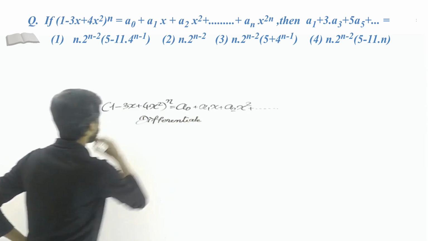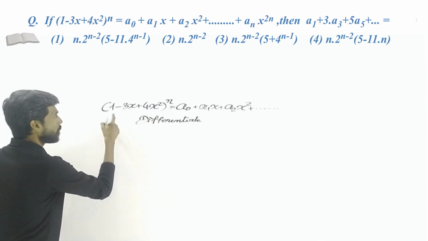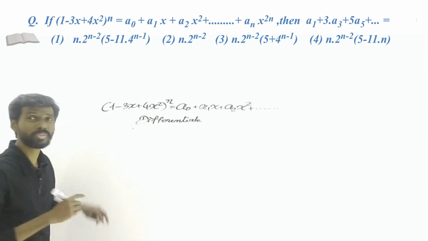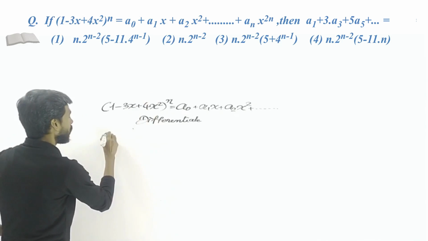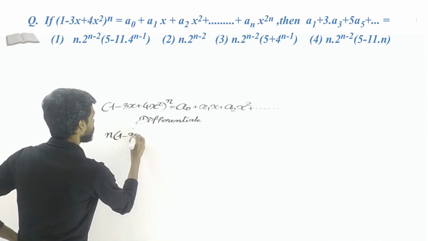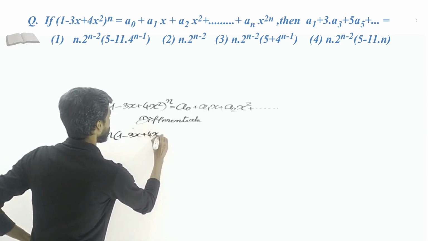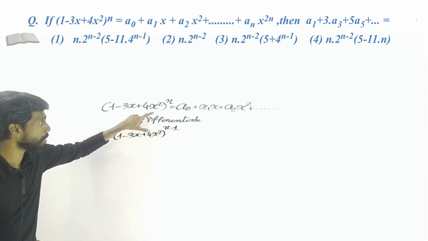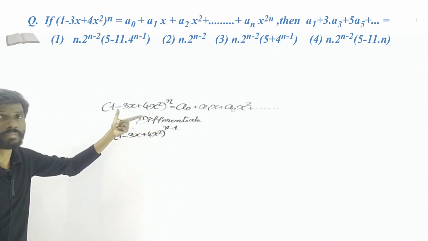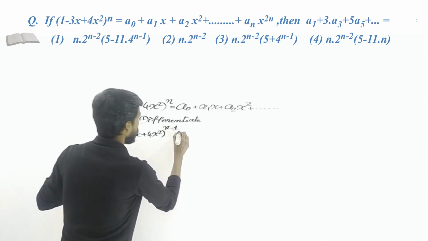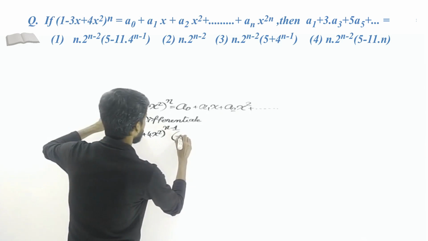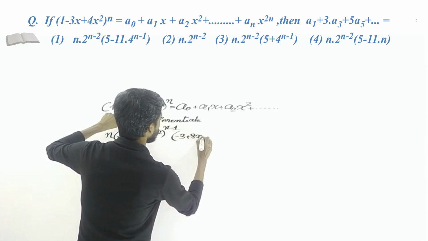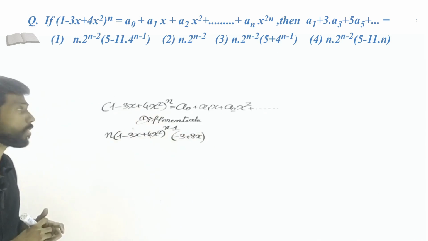If you differentiate, what do you get? To differentiate this, something like x to the power n, you have to use the chain rule. So that is n multiplied by (1 minus 3x plus 4x squared) to the power n minus 1, multiplied by the derivative of the term inside the bracket, which is minus 3 plus 8x. So that is the total derivative of the function on the left.